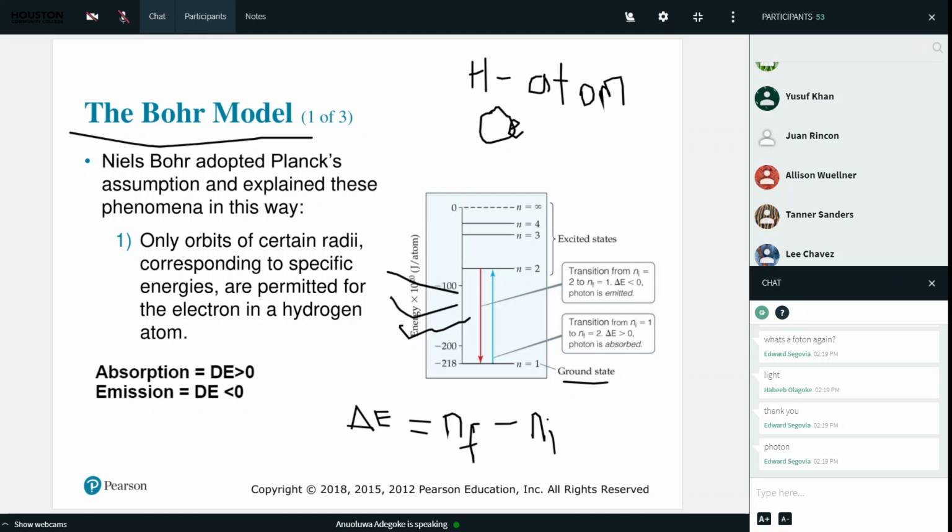So let me label this so it can be easier to understand. So this is absorption. And on the side here is emission.